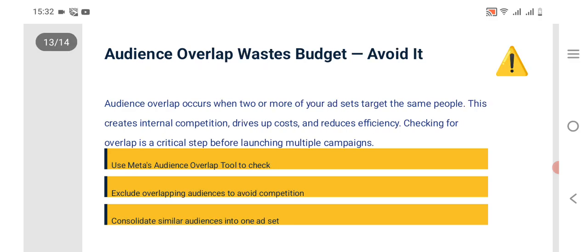Now, audience overlap wastes budget, avoid this. Audience overlap occurs when two or more of your ad sets target the same people. This creates internal competition. What they are telling you here is that we have 3 layers of ads.